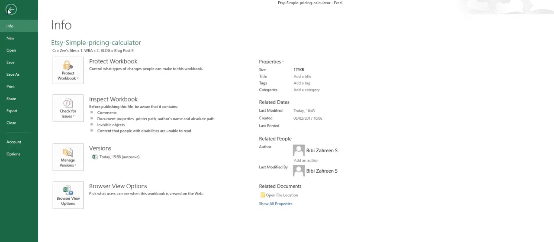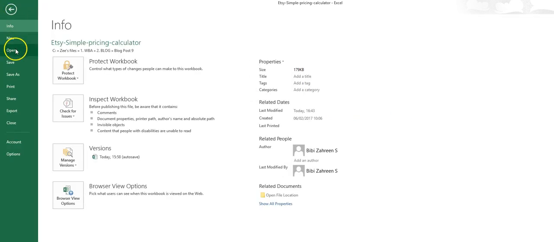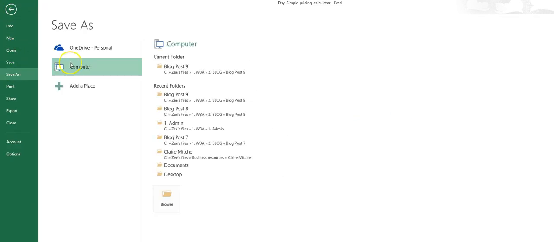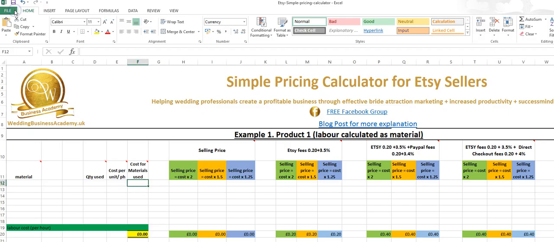Or you can go File, Save, which saves it directly exactly where it is. Or if you want to save it in a different location, click File, Save As, and then you can browse to where you want to save whatever you want. So there you go.